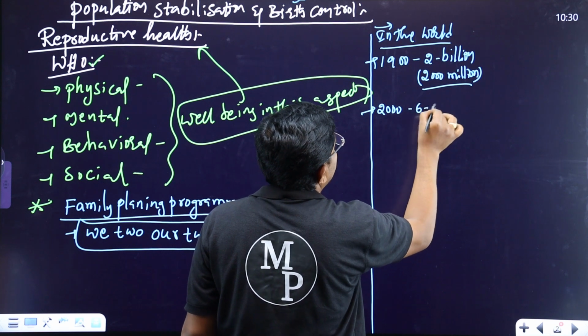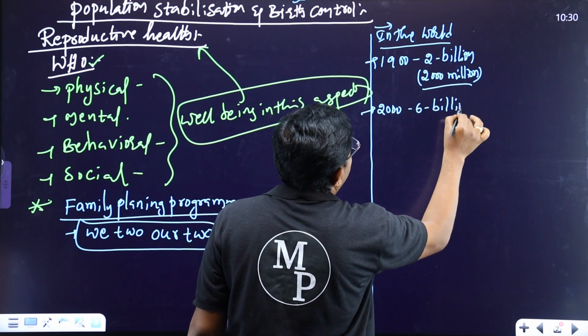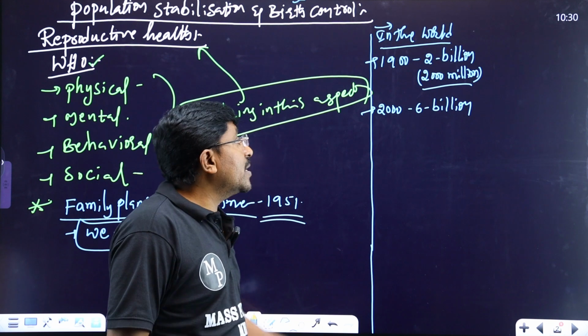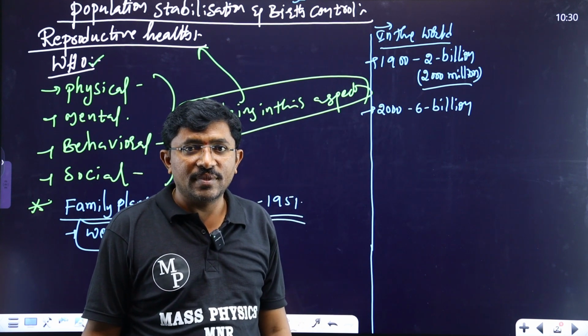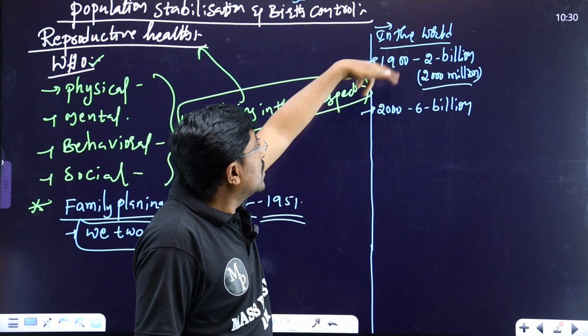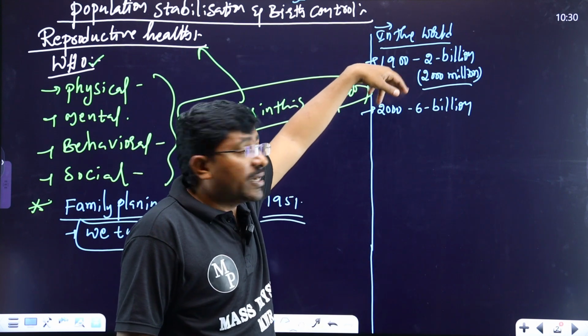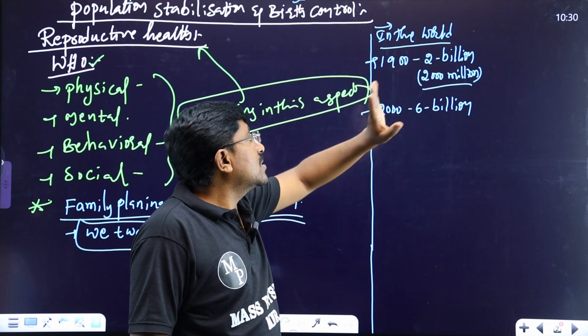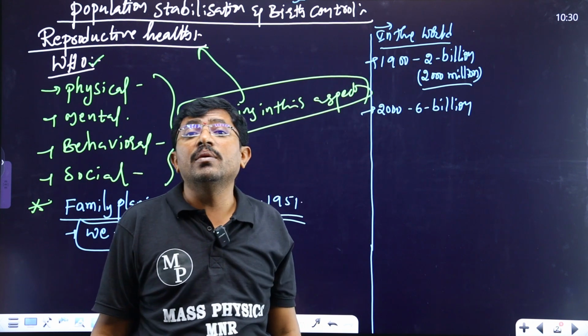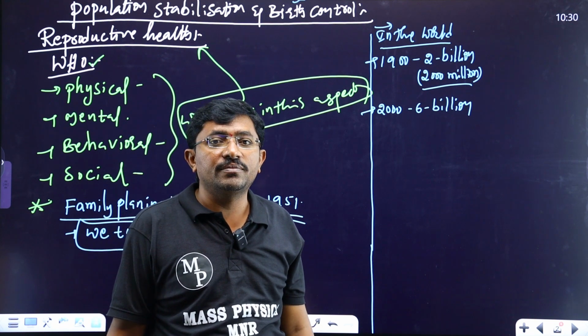It reached 6 billion, which means 6000 million population. Within these 100 years, within the century, approximately 4 billion population increased in the world.